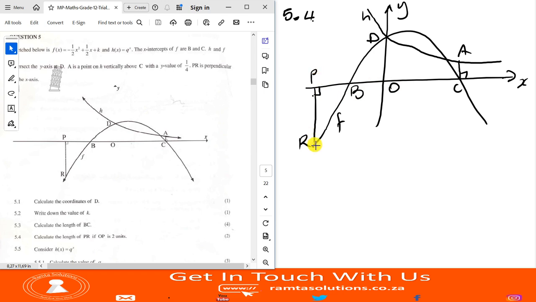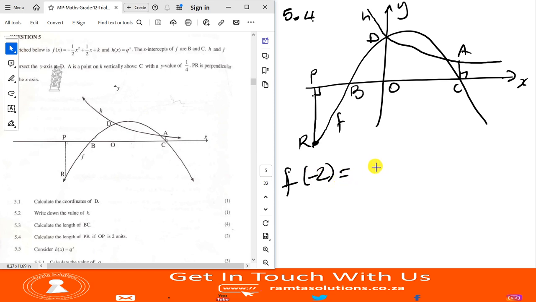So we basically know what the y value here is. Since this is a vertical distance, let me find f of -2.